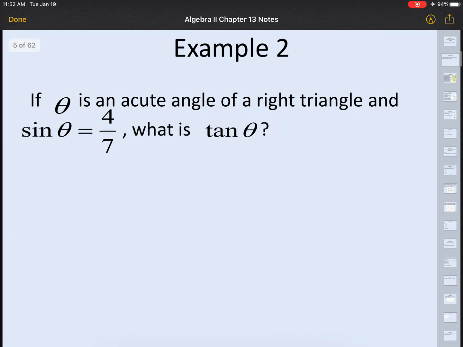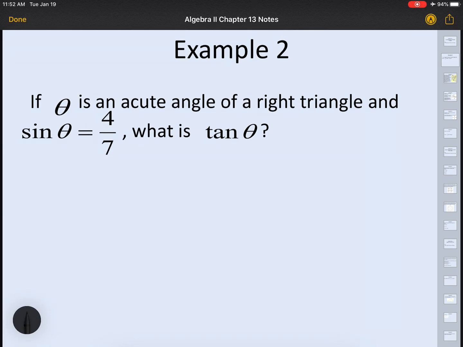In example 2, if theta is an acute angle of a right triangle and the sine of theta is 4 over 7, what is the tangent of theta? Well, let's draw that triangle out. We don't have anything to picture it with, so go ahead and draw it out.